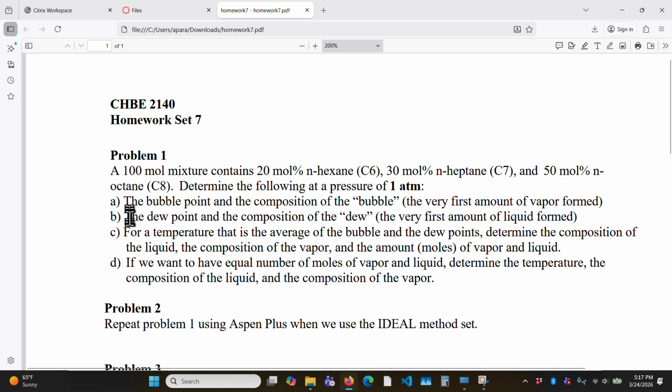And so once you have the bubble point and the dew point temperature, you can average those two, specify that temperature, then specify how much of the overall molar flow rate is liquid versus vapor, and you can specify the stream compositions. And then in part D, if you set an equal output of vapor and liquid by setting the vapor fraction, it'll tell you the temperature as well as the compositions of the stream. So I think that is how you get the information you want.